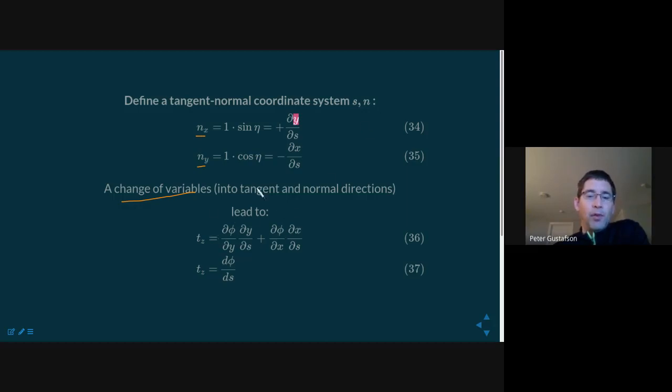Once we've done that, we can write the z component of the traction vector, t sub z, as being equal to dphi/dy dy/ds plus dphi/dx dx/ds. And by the way, this is equal to this, just by the chain rule. In fact, the chain rule takes us from the bottom equation to the top equation, so reversing the chain rule brings us back to this equation.